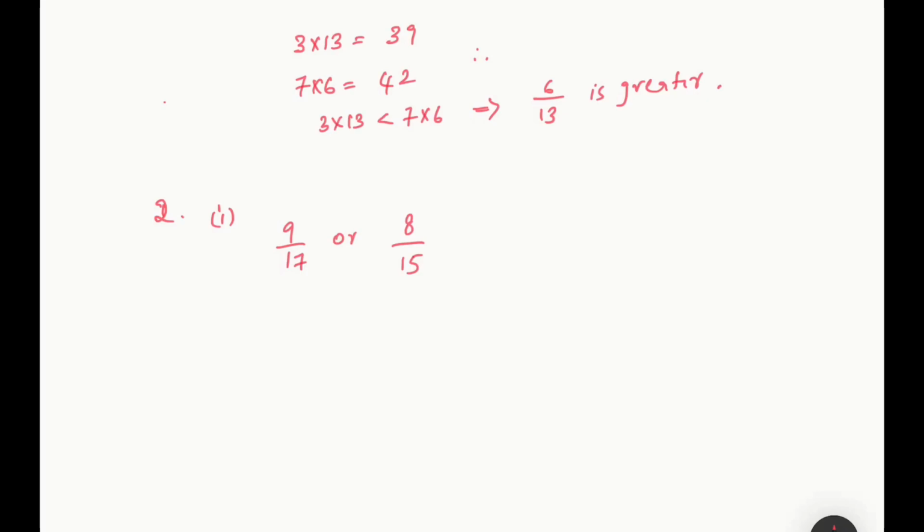You do 9 into 15 and 17 into 8. 15 nines are 135. 17 into 8 gives 136. 17 eights are greater, but you need the smaller one. Therefore 9 by 17 is smaller.